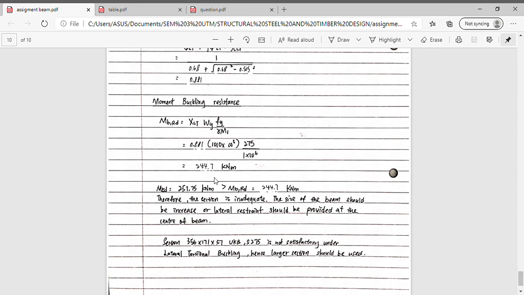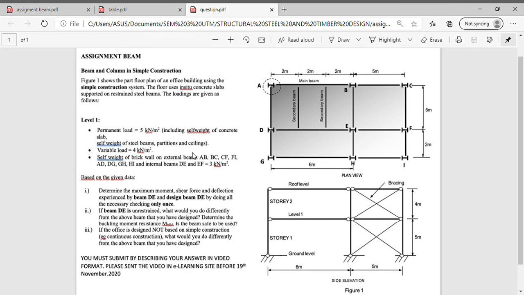The bending moment is greater than the moment buckling resistance, so this section is not okay, and the size of the beam should be increased. This section is not satisfactory under lateral torsional buckling, so a larger section should be used. For this question, the beam is not safe to be used.